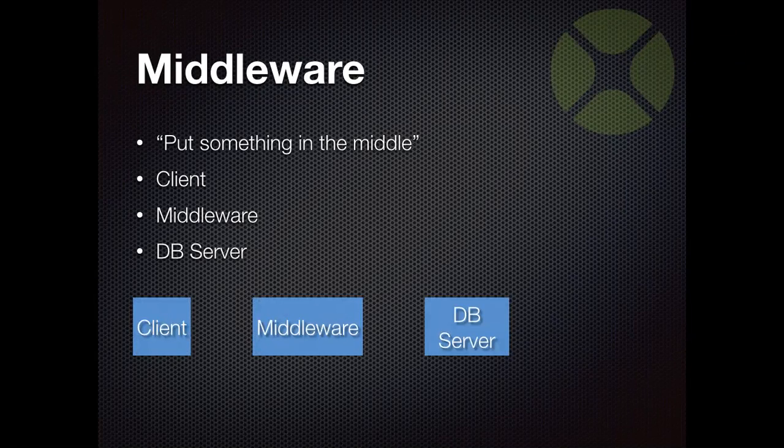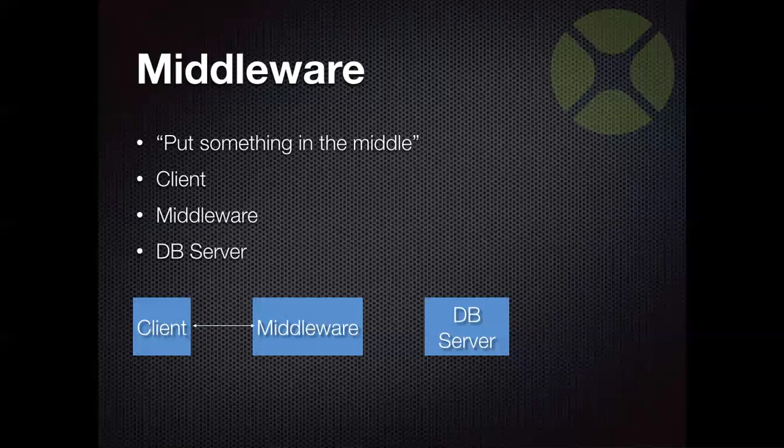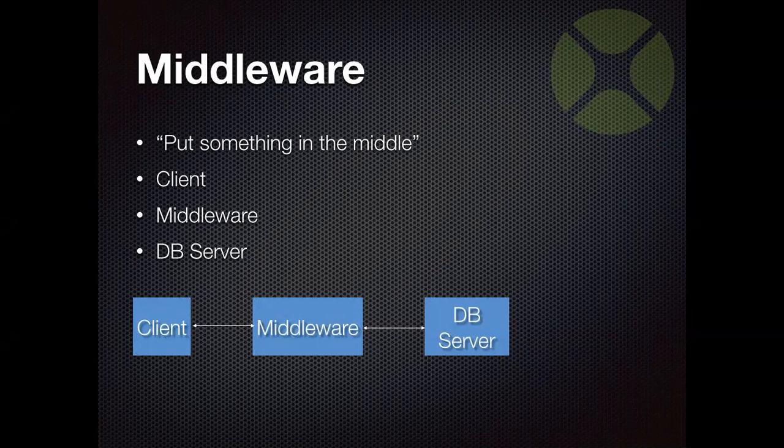The client only is going to talk to the middleware. The middleware is going to communicate with the database server, but it's also going to communicate with the client. So it's kind of going to do both of those jobs. And you can, of course, have multiple clients. But like I mentioned, all the clients are only ever going to talk to the middleware.